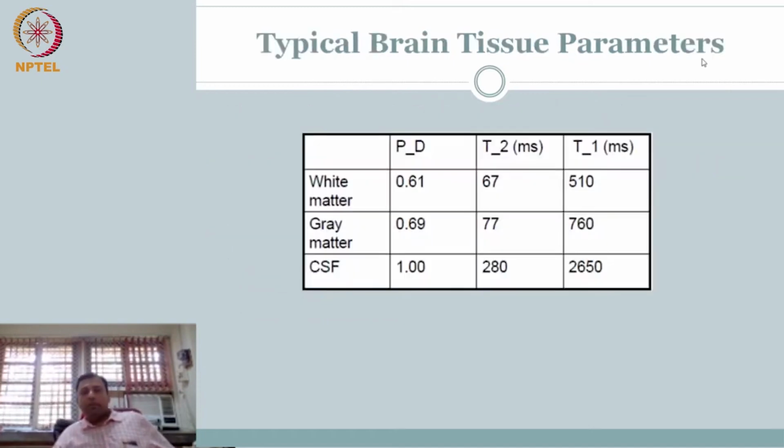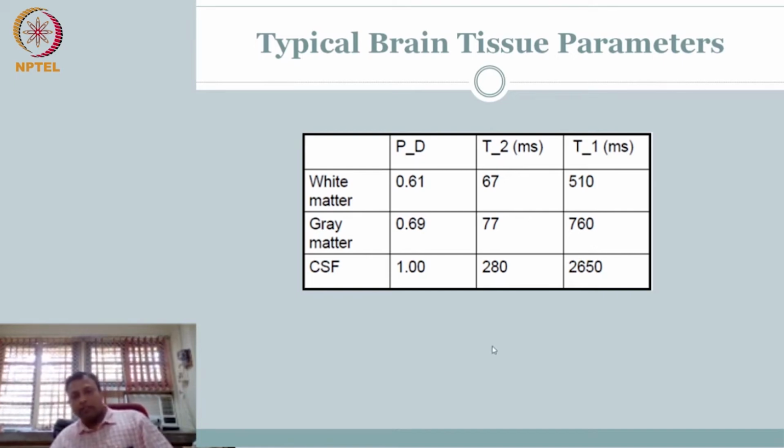Take an example of a brain tissue, right? In MRI, you have seen several brain images. So let's take a brain tissue. We have three different types of tissues there: gray matter, white matter, and fluid, the cerebrospinal fluid. You notice these are the properties of proton density, T2 and T1, the material properties that are inherently different. So this is the inherent contrast that you are expecting from the different types of tissue in the brain.